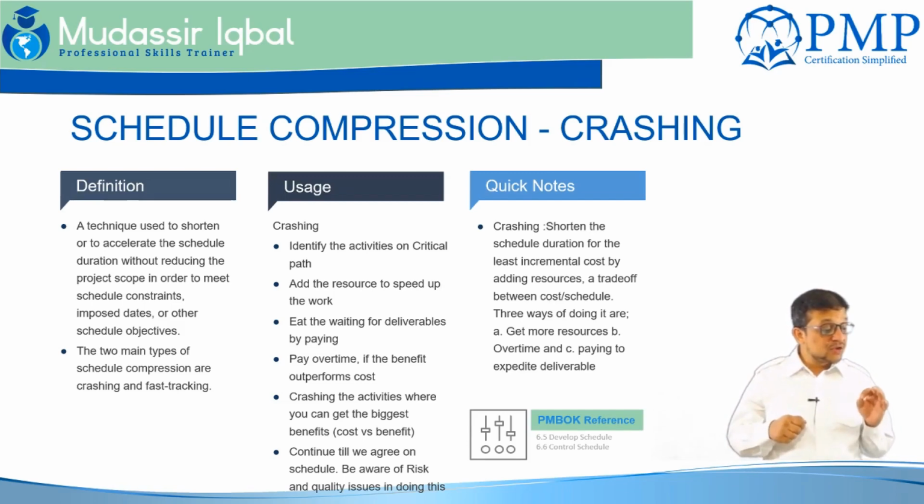So the technique used to shorten or accelerate the schedule is to identify the activities on the critical path that can be shortened, because as I said, it's a network schedule analysis. You cannot speed up every critical path activity because of the fixed duration and the law of diminishing returns, or maybe because of some external dependency, a milestone, or a mandatory dependency that you need to look at.